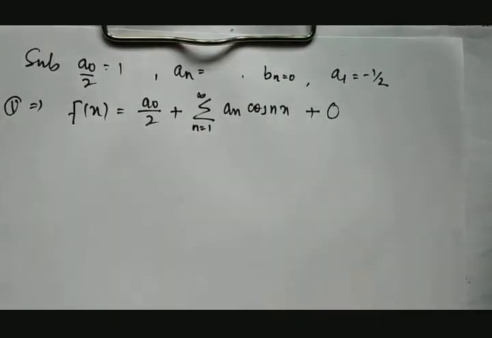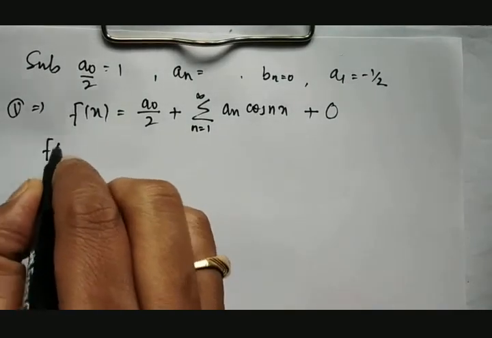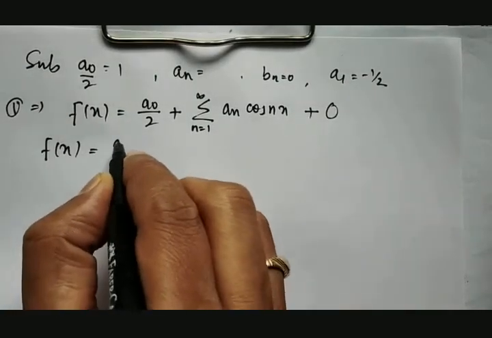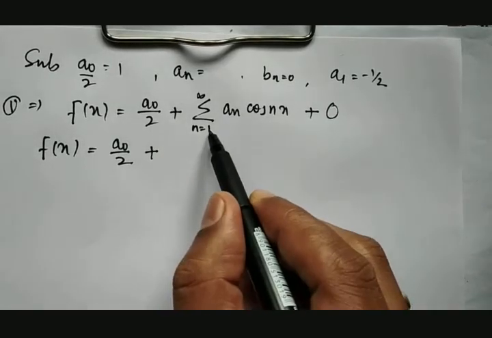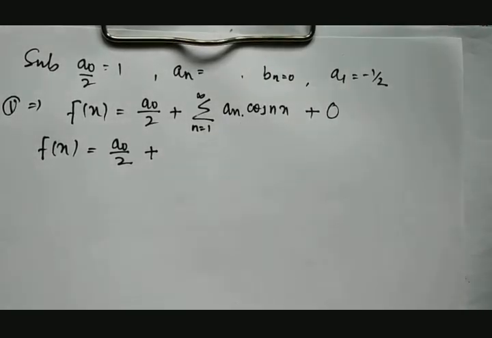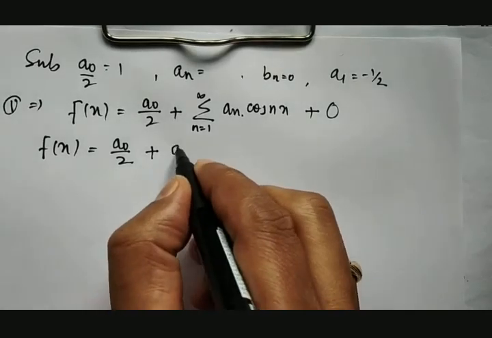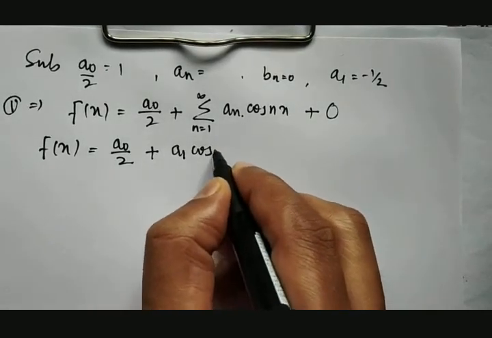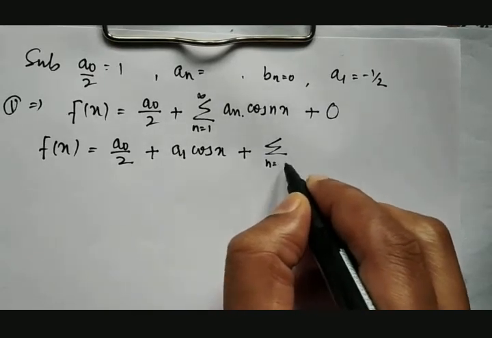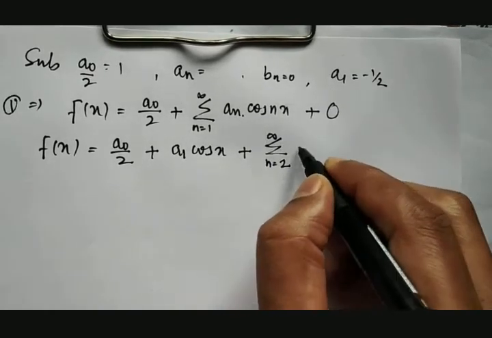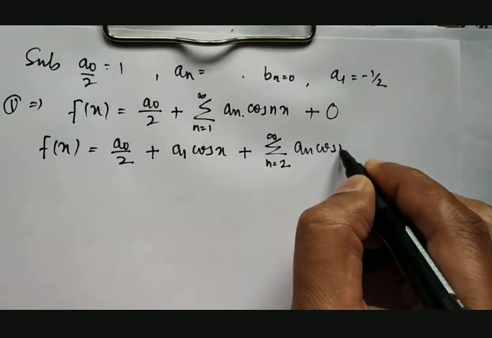Here it will be written as f of x is equal to a0 by 2 plus, from here put n is equal to 1, then we will be getting a1 into cos x plus remaining, again I'll continue as n from 2 to infinity of an into cos nx.